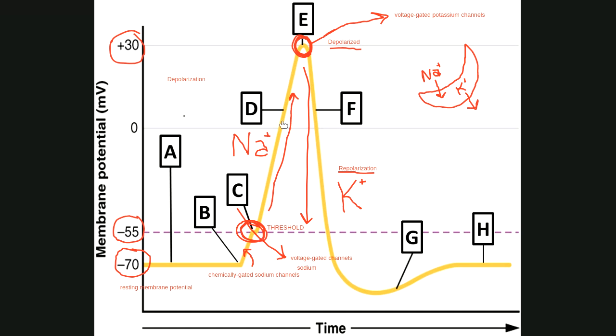If it flagged this as where they first open, that would be incorrect. If the question was which ones are most involved, or which part of the graph shows repolarization, this is where repolarization is happening, right here on this side of my graph coming down. But if it said that where they first open is right here, that would be a key error, and I will get that fixed right away.